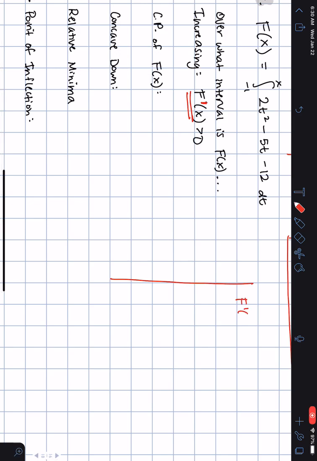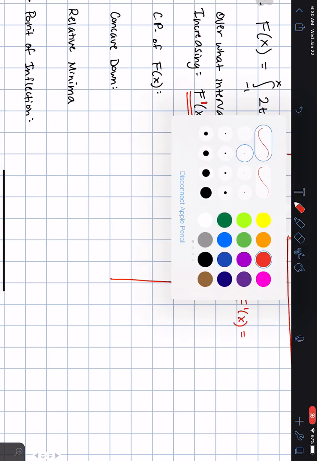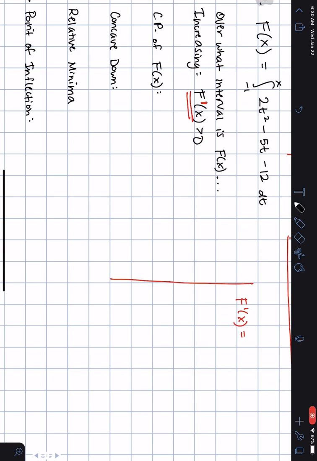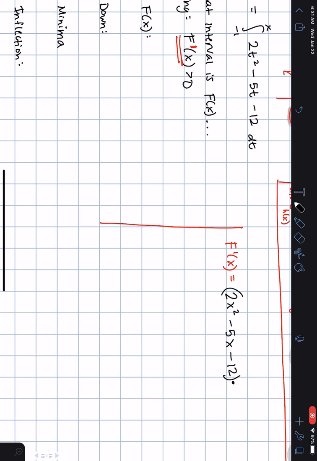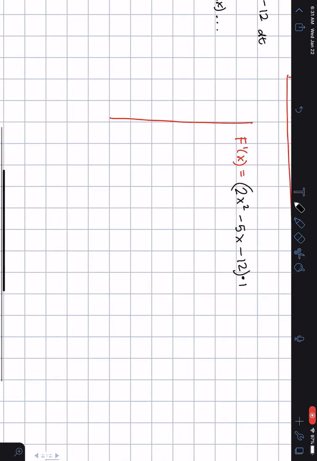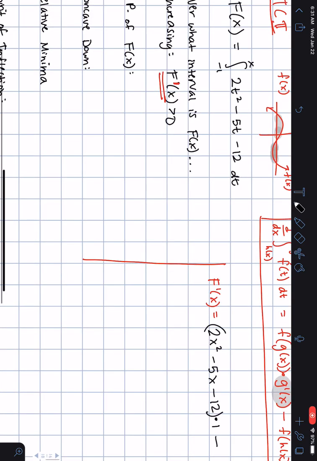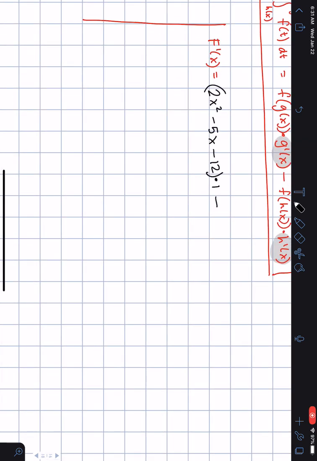So big F prime of x is really nothing more than, we're going to plug in the upper limit into t. So I'll get 2x squared minus 5x minus 12, all of that times, FTC II says, times the derivative, times 1. Minus, now we're plugging in the lower limit, which is negative 1. So see if you can think ahead. If I plug in negative 1 everywhere, we're going to multiply by the derivative of negative 1, which is 0.